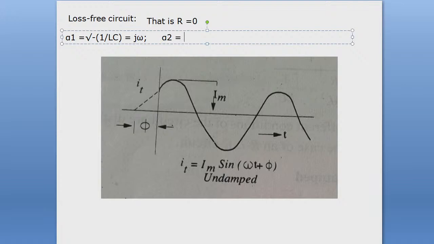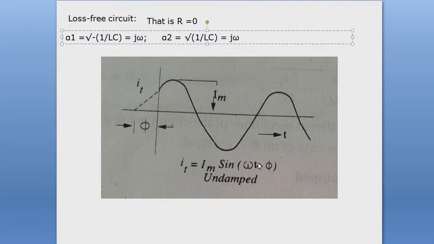Alpha 2 equal to the square root of 1 by LC, and there will be no negative sign, so you can write j omega.